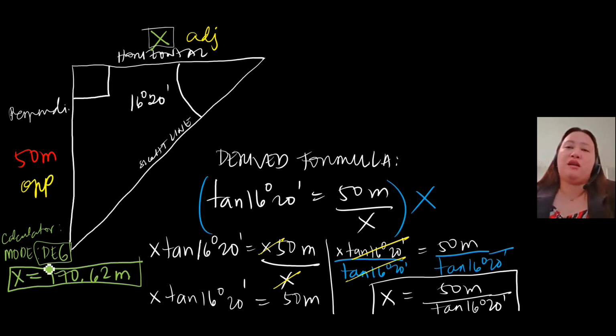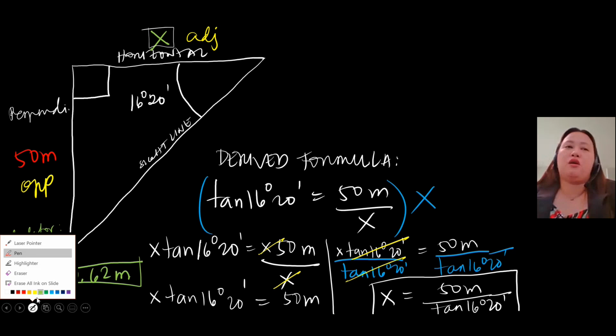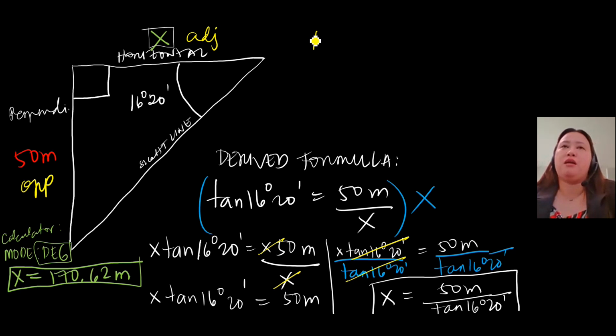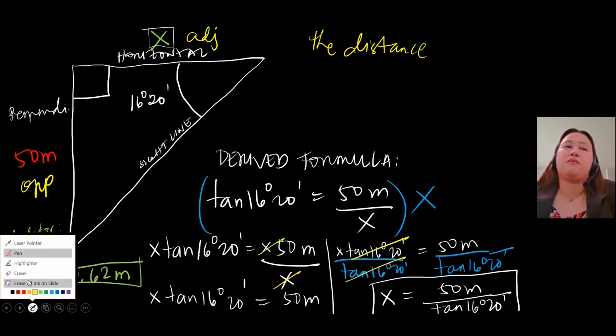So be sure it is in degree mode, then input 50 divided by tangent 16 degrees and 20 minutes. So your conclusion would be the distance, or we can say that the ship is what?